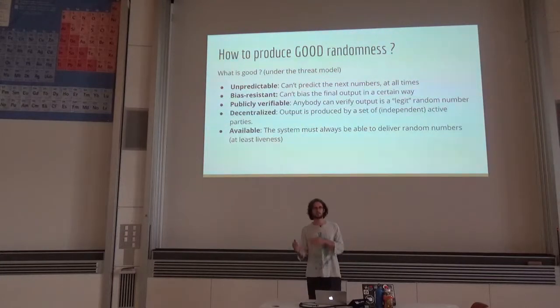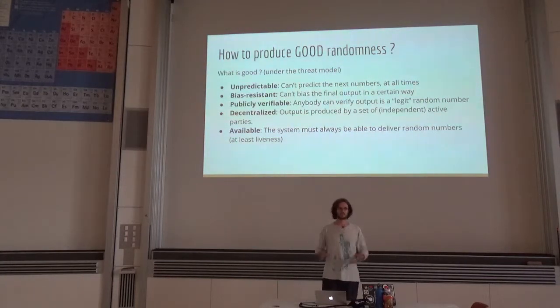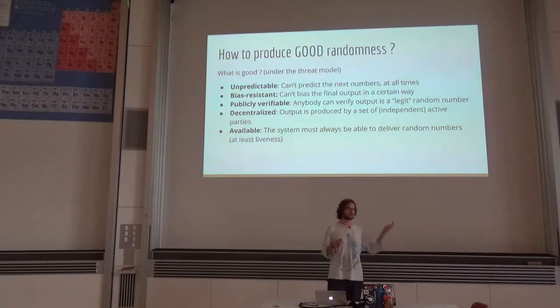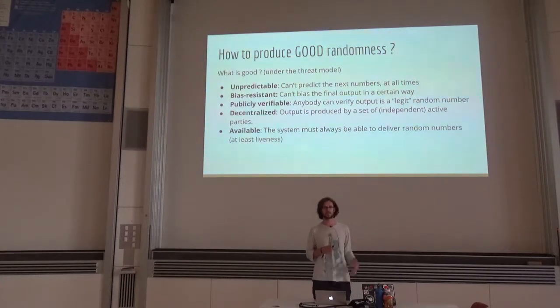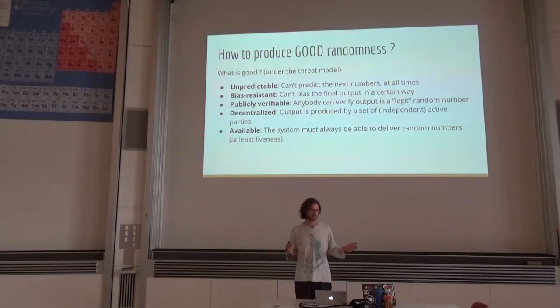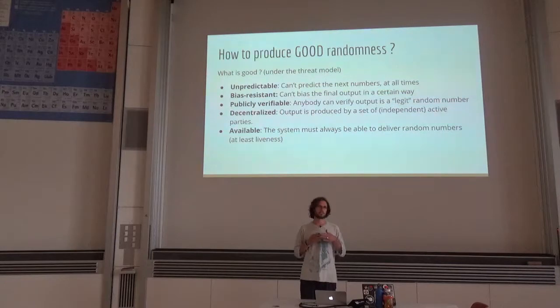Of course, I work in the Decentralized Systems Lab, so we want it decentralized. We don't want one party to run the whole thing and have to trust this one party only. And we want it to be available. If my randomness generator is down 99% of the time, it's kind of useless. So we want liveness: always up and running.